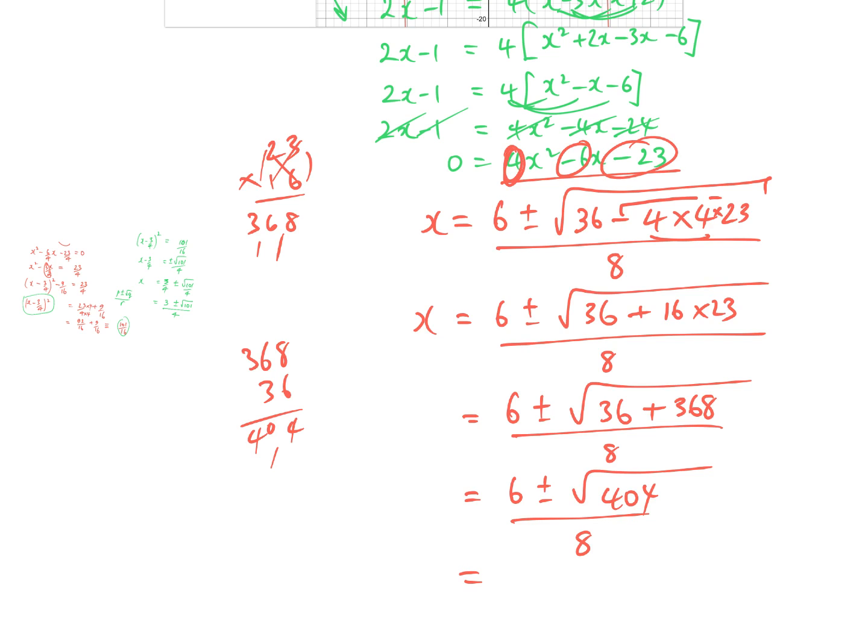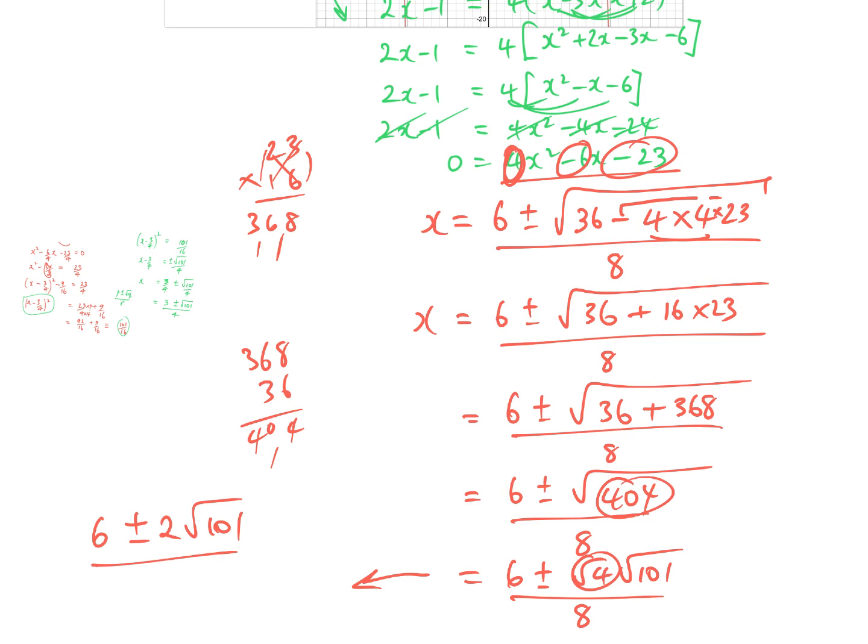And then the nice thing about this is I can take 4 out as a factor of here, so I'd have the square root of 4 times the square root of 101 over 8. And then, can you see the square root of 4 is 2, so I'd have 6 plus or minus 2 root 101 over 8. And even nicer about this, all of these cancel by 2.